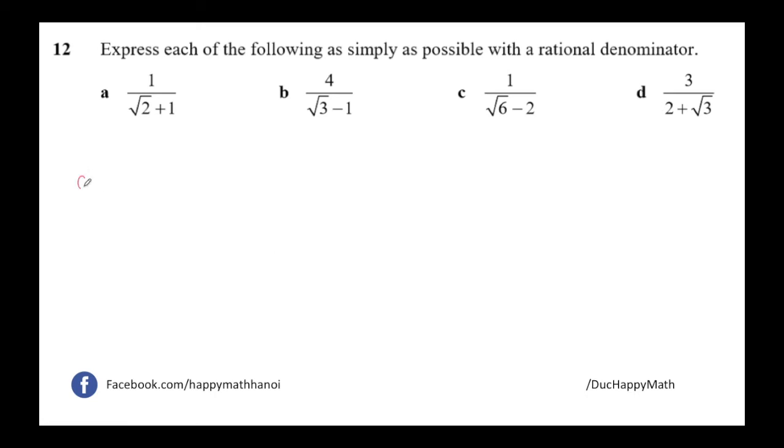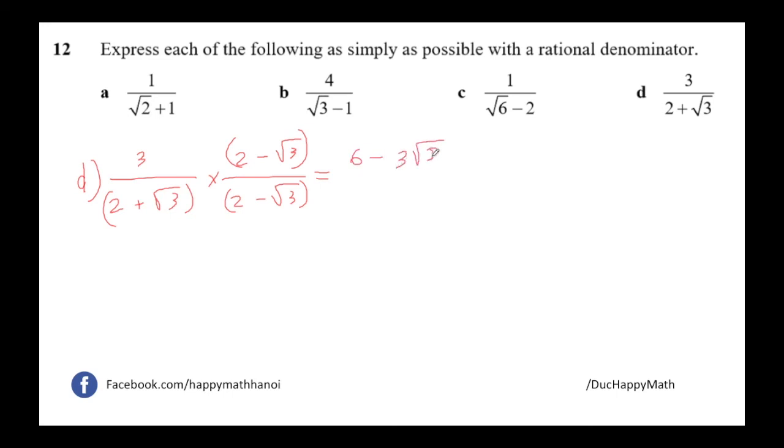And question D. The conjunction I got here is 2 minus square root of 3. When you multiply the numerator and expand, you will get 6 minus 3 square root of 3.